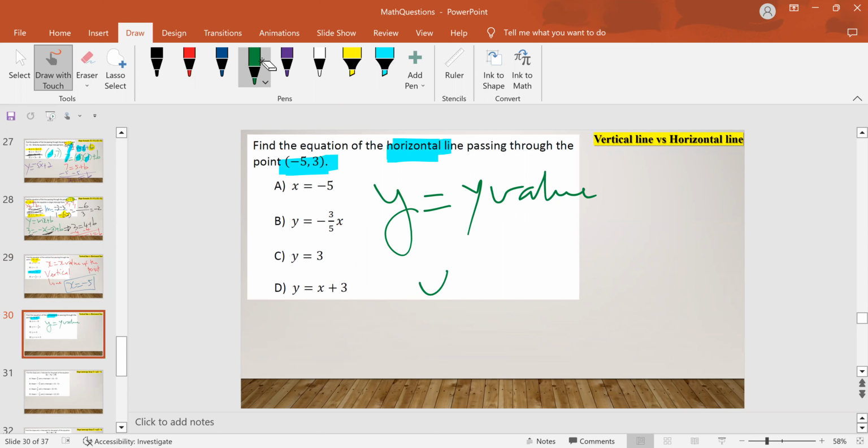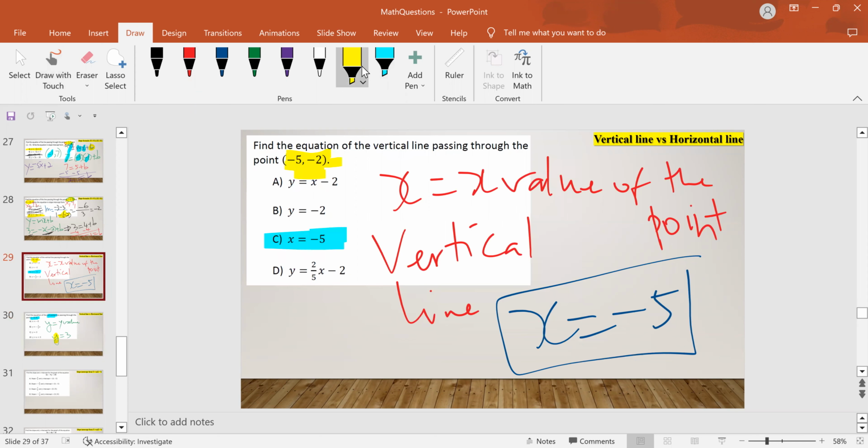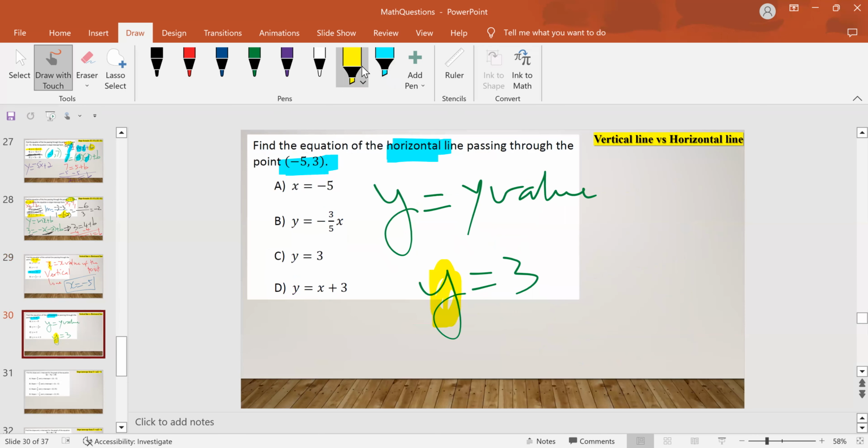So here we have y is equal to 3. The difference is that when they say horizontal, we use y, but when they say vertical, we use x. That's the only difference you have to remember. So y equals 3, the best choice is C.